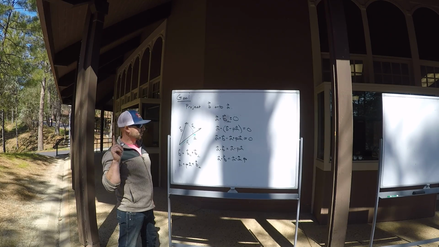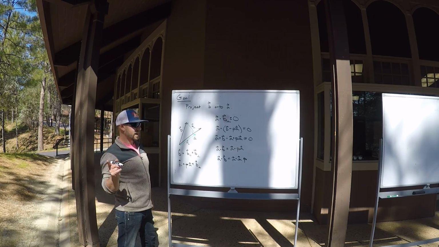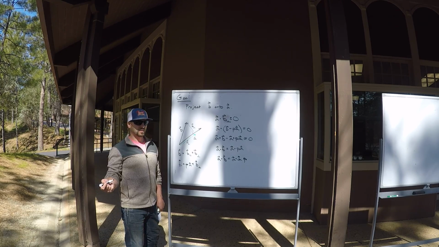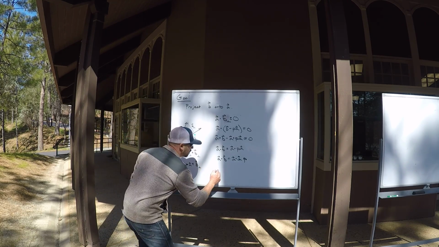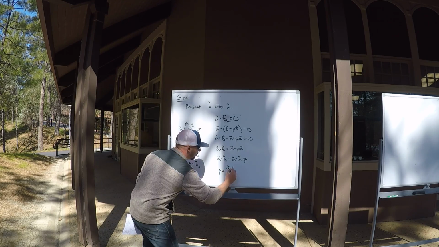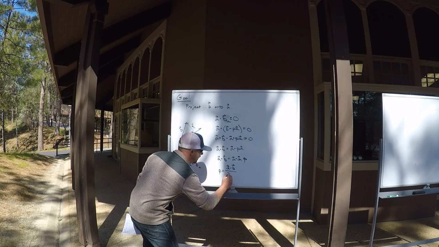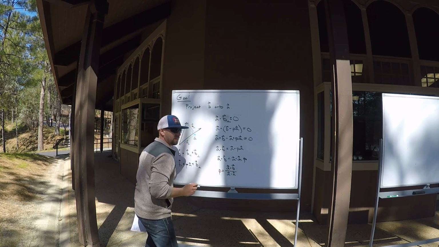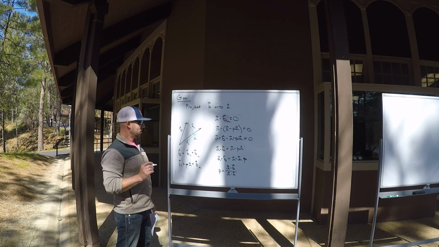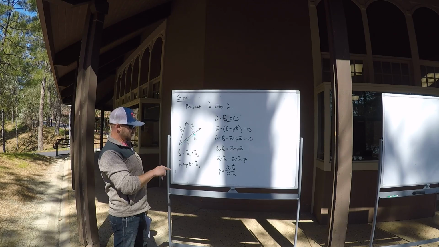Or the A dot A. Yeah, I can divide A dot A to the other side because categorically it's a scalar. So that's going to leave me with P equals A dotted with B over A dotted with A. You guys with me on that? Okay, so that's scalar over scalar.